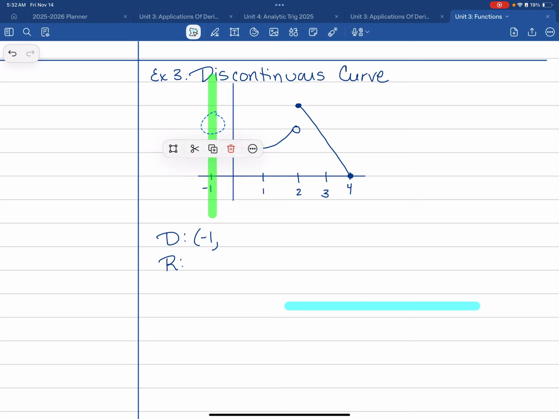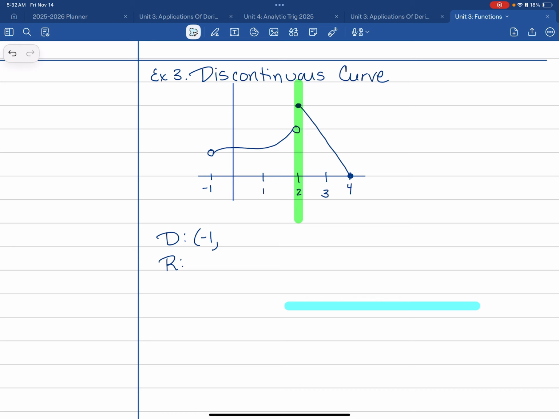and now I'm going to cruise along. Notice that I have an output for every single input. I'm good, I'm moving until I get to 2, and then I have something kind of funky at 2, right? I have an open circle and a closed circle. All right, well, this is a really unique situation. I have an open circle at 2, but then I have something else that's filling in that hole, right?